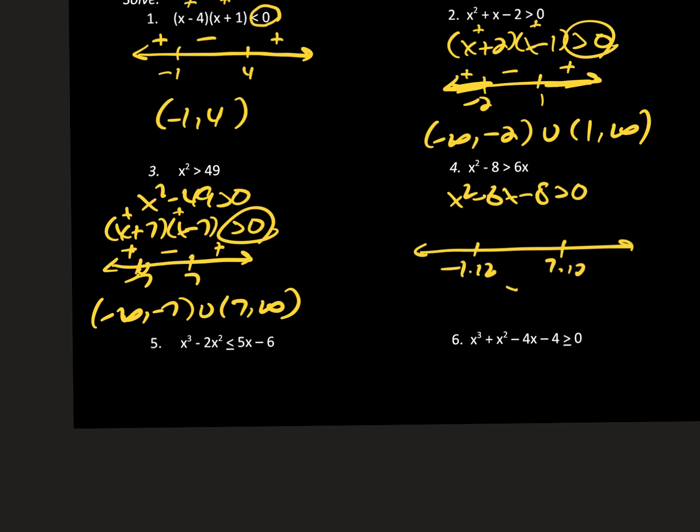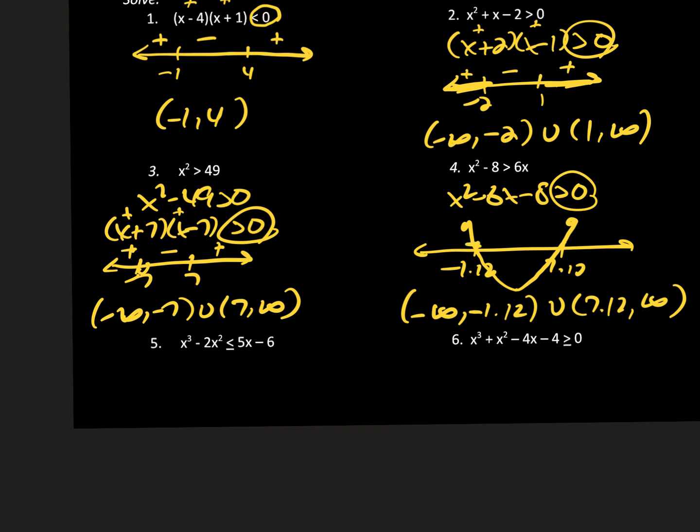It goes through -1.12 and also goes through 7.12. I did the second calc and used left bound, right bound, all that kind of stuff to find those real quick. And I'm looking for positive, so I'm going to find out where it's positive here. Because the graph is above the x-axis here and above the x-axis there, and I'm looking for positive, that's where I'm going to put that.